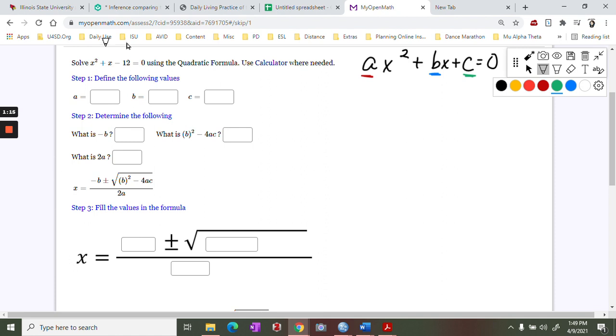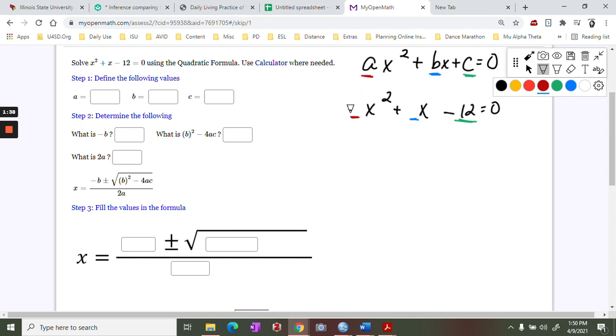Okay? So when I look at this equation here, and I have x squared plus x minus 12 equals 0, my a value is what we have in front of x squared, our b value is what we have in front of x, and our c value is negative 12.